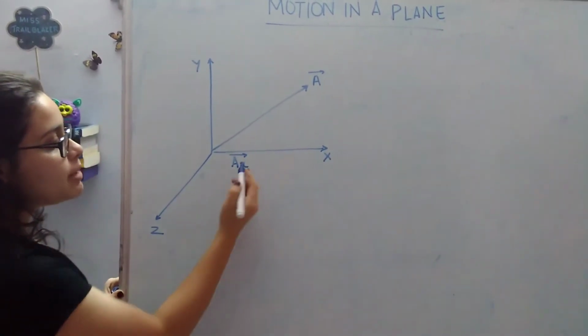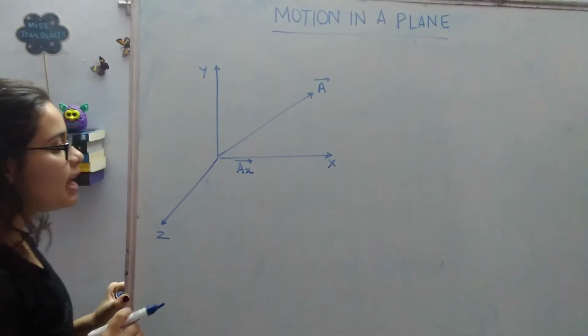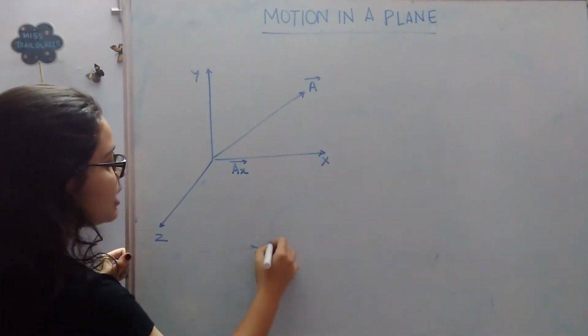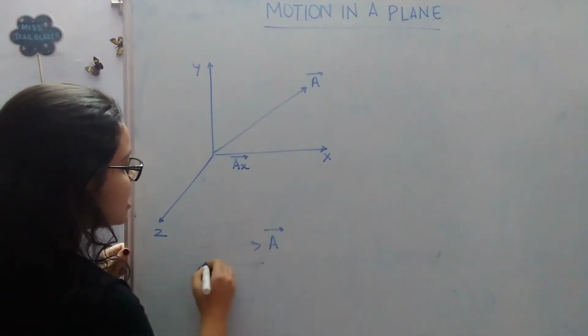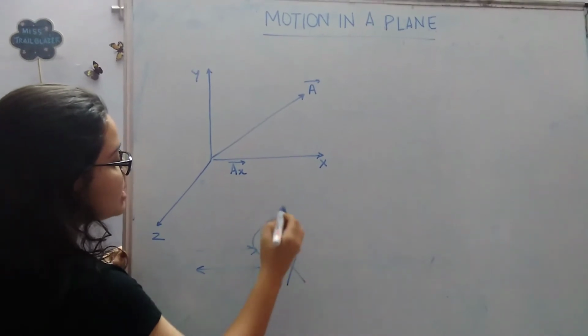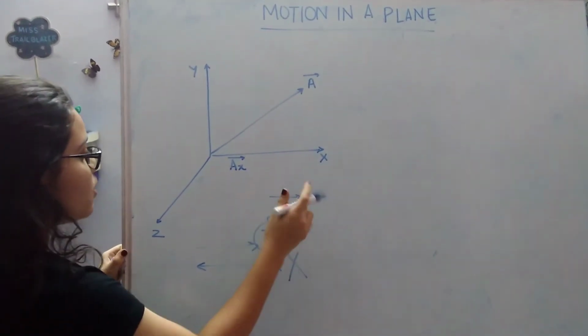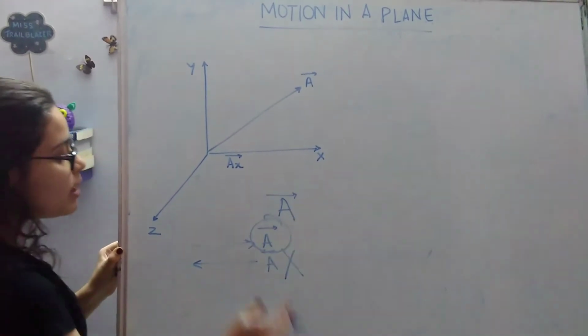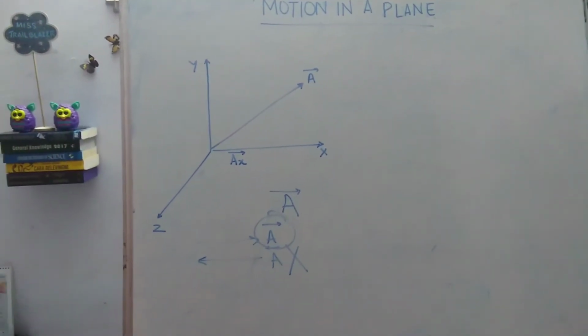All vectors are represented with an arrow above their head to represent direction. That does not mean if something is going in this direction, you will put an arrow here, and if something is going in this direction, you will put an arrow here. No. All vectors are represented with arrow on their head. Something like this, always in this direction, no matter which direction the vector is going in.